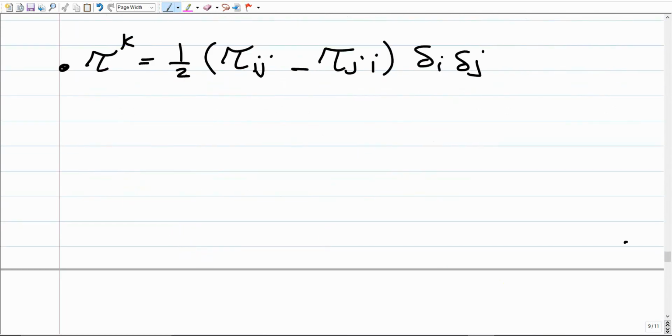Okay, we're going to consider an example here. It is required to find tau symmetric and tau skew-symmetric.